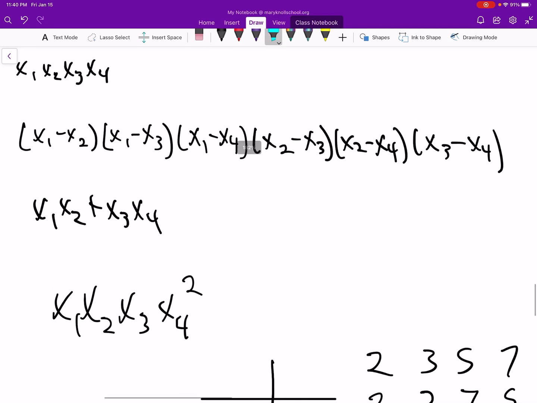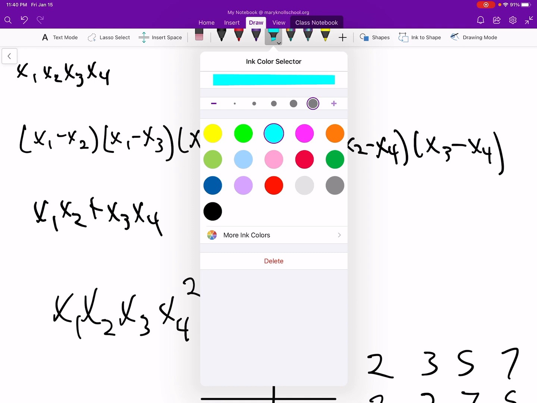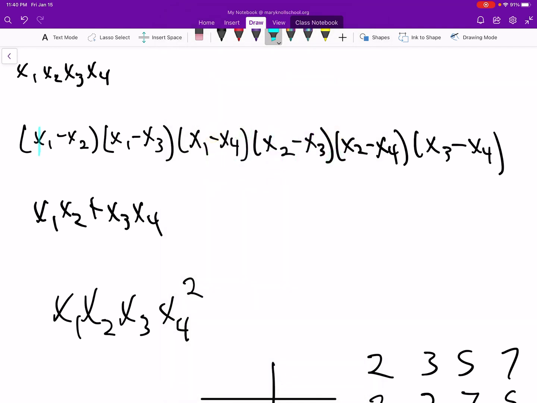So the way to arrange this with this one, again, you can subtract everybody from everybody. So you can do x1 minus x2, x1 minus x3, x1 minus x4. Now, everybody got subtracted from x1. Now, let's subtract everybody from x2. So now x2 minus x3, x2 minus x4. Now we're done with that. And you might say, hey, what happened to x1 and x2?